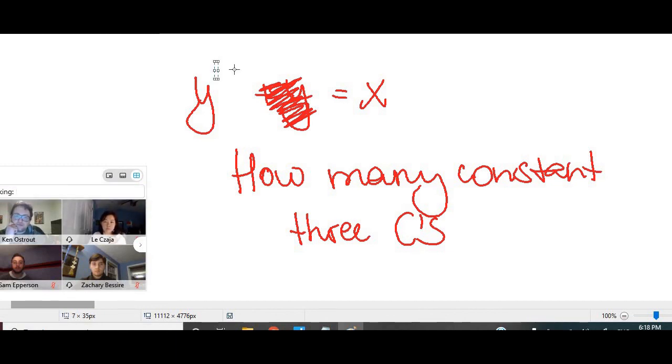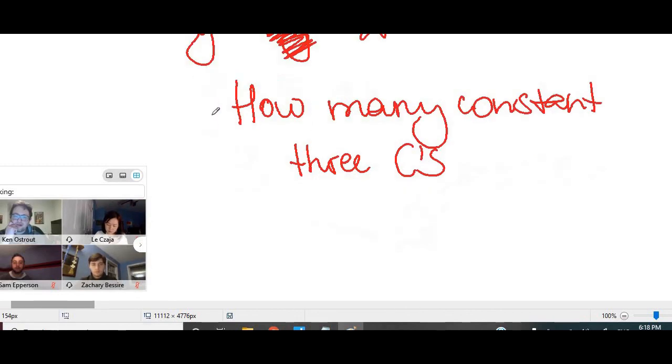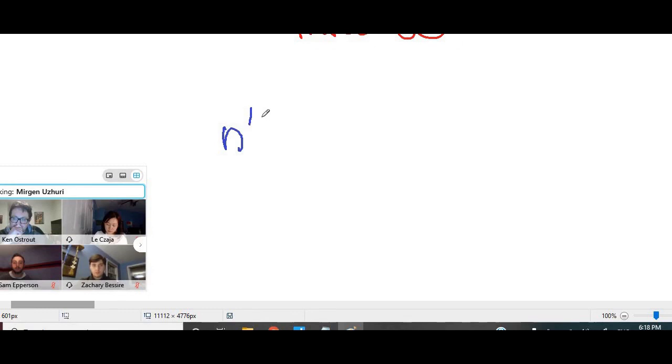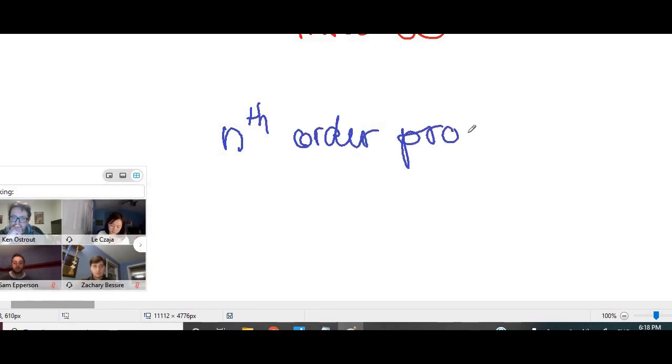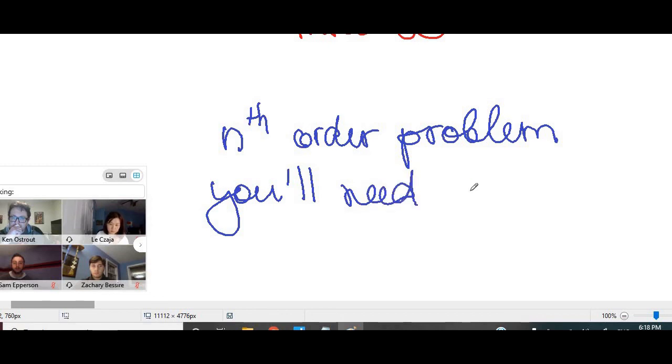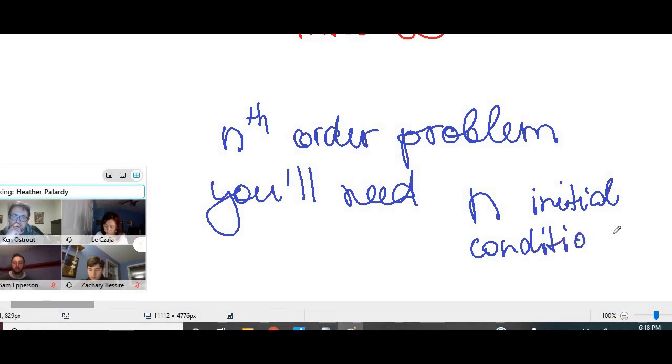So if you have an nth order problem, you'll need n initial conditions, or n points, in order for you to find a specific solution.